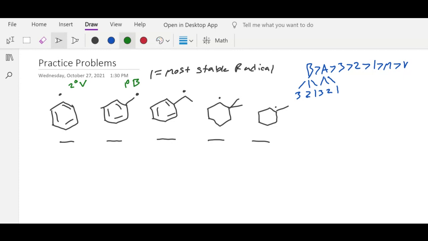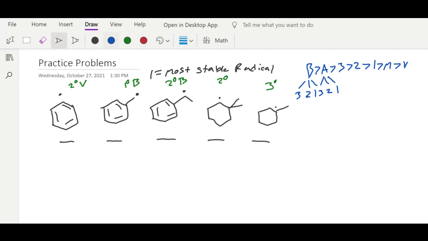This is also 1 carbon away from a benzene ring, but the difference is this is now a secondary carbon. The last two, there's no benzene, so there's no resonance involved. So it looks like this is a secondary carbon and this is a tertiary carbon. Okay, so if you don't know how I got those positions and benzylic, please go back to a previous weekly review to review that material.